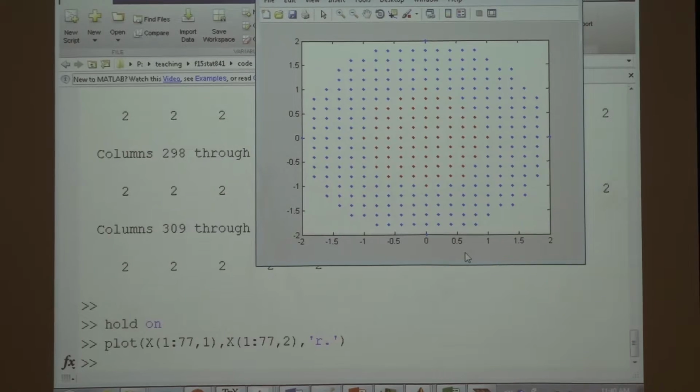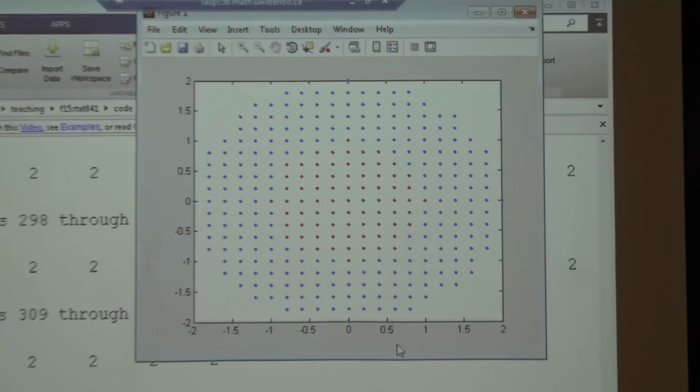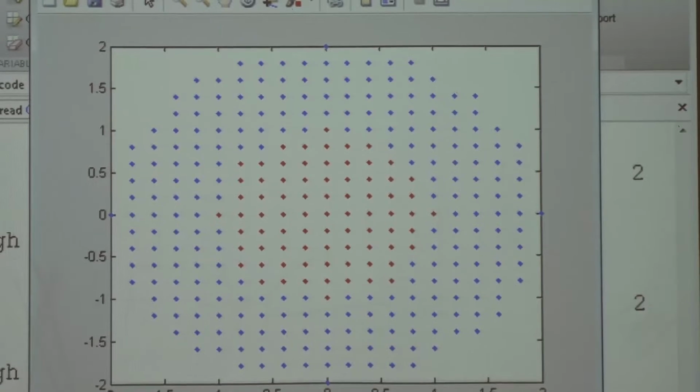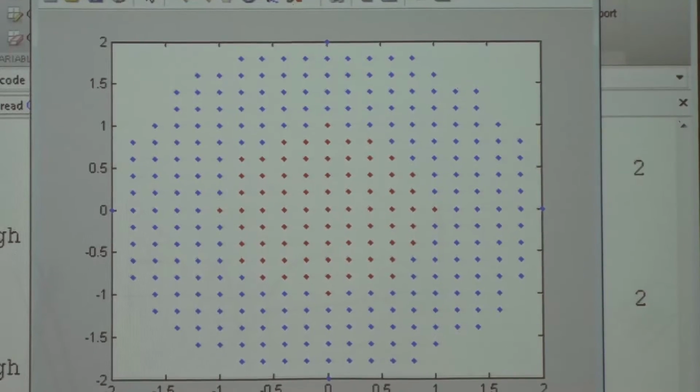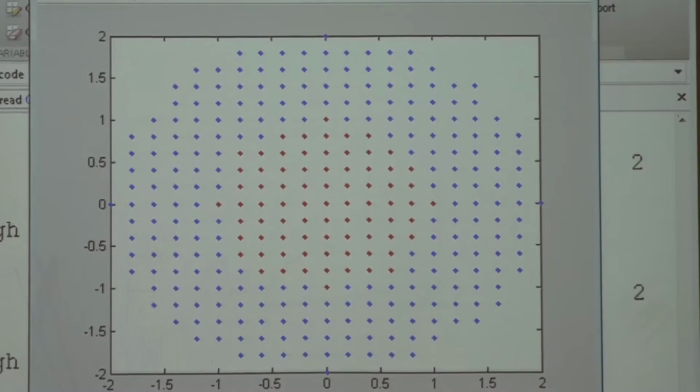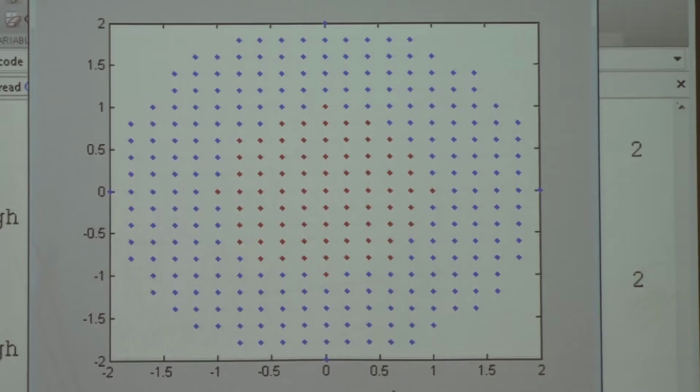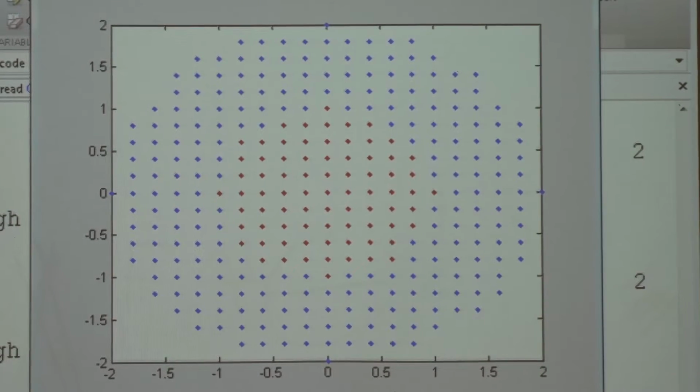See, there is this red class inside this blue class. That's the example that we had for the motivation of kernel methods, that in 2 dimension there's no linear classifier and so on.